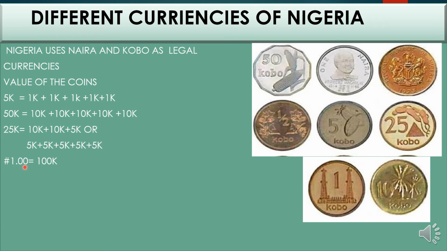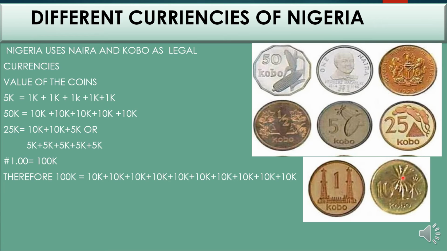Right? Now let's see another way we can gather this 100 kobo just to make 1 naira. Okay, now if this is 100 kobo, let's split it into 10. That means this is our 100, this is our 10 kobo here. Look closely, this is our 10 kobo.